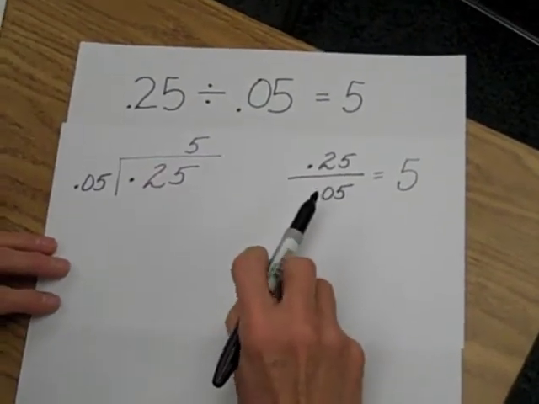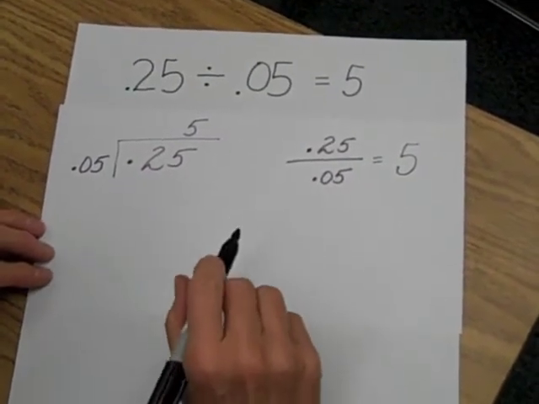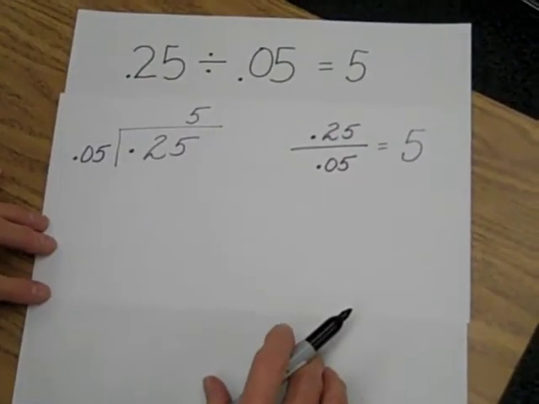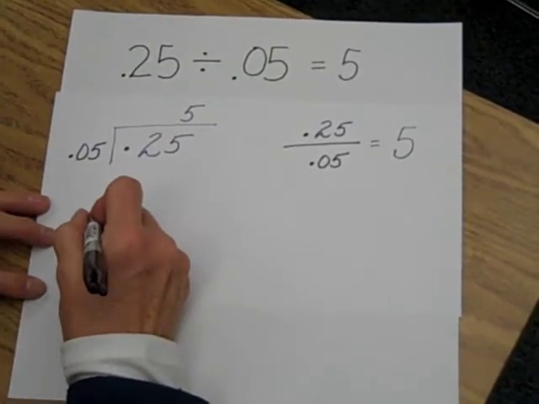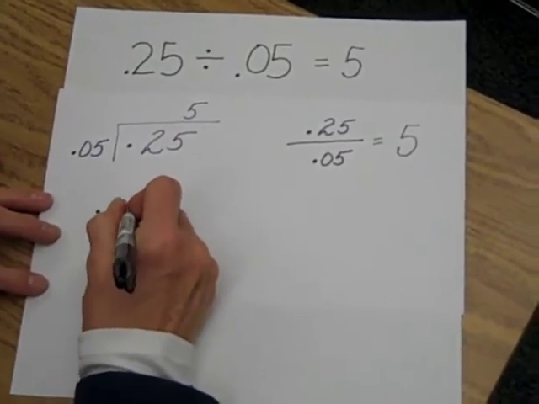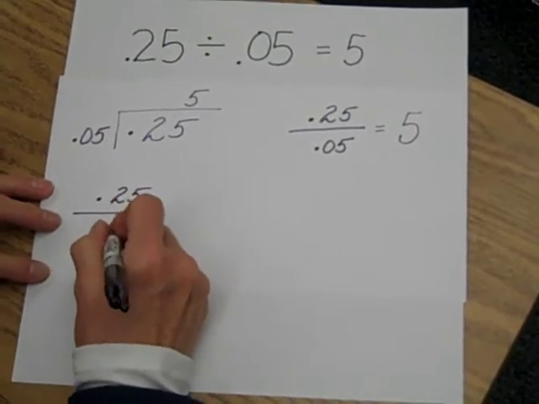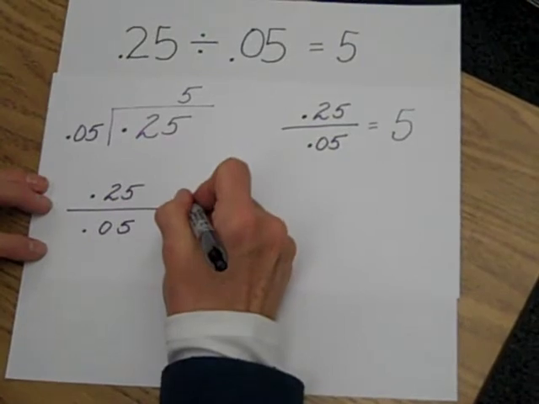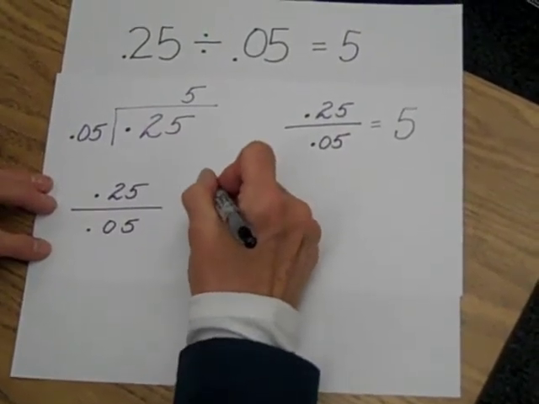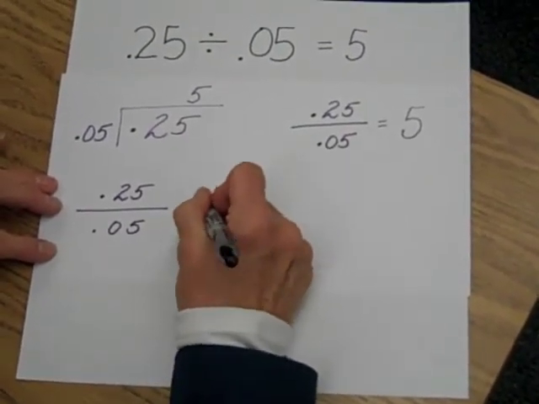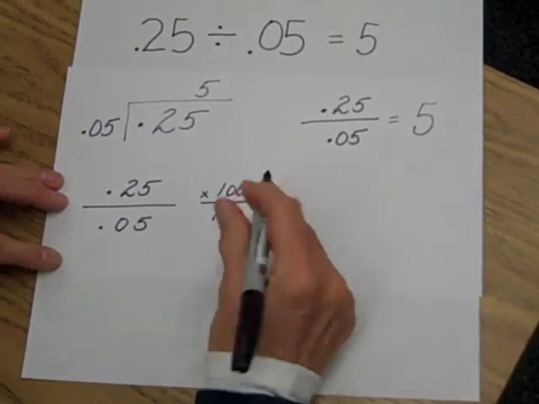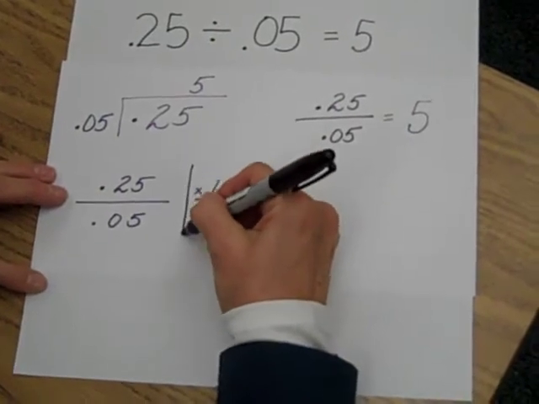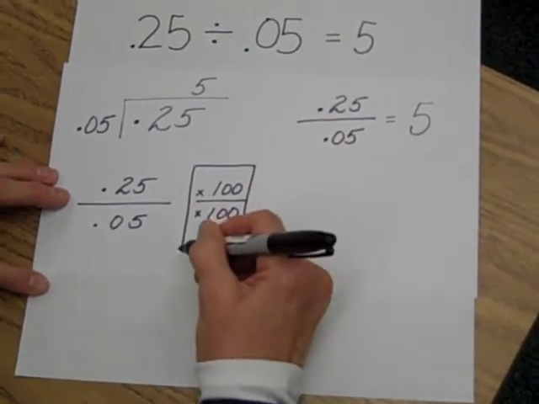Mathematicians don't really like a decimal as a divisor or in the denominator, so they choose to make equivalent fractions. So 25 hundredths divided by 5 hundredths, we need to make this equivalent fraction so we can multiply the numerator by 100 and the denominator by 100, and we know that 100 over 100 is equivalent to the big number 1.